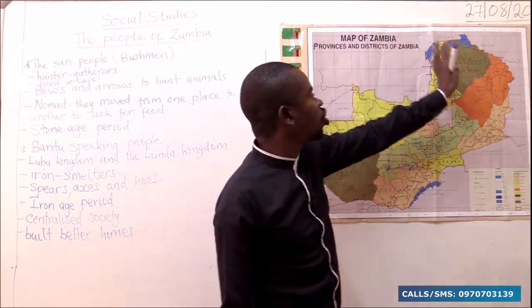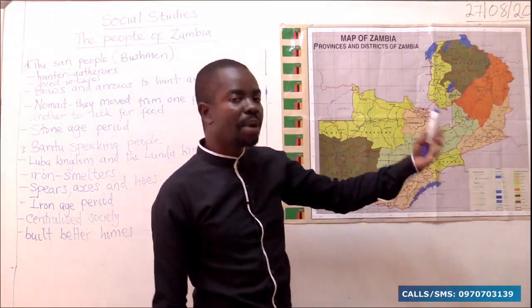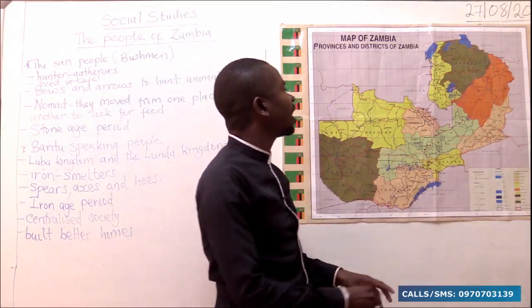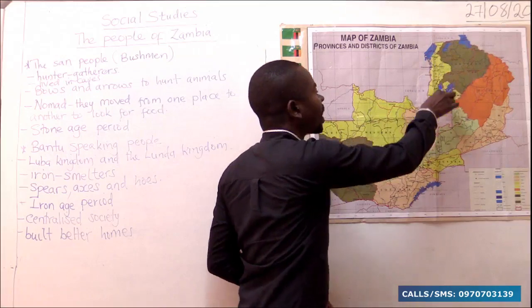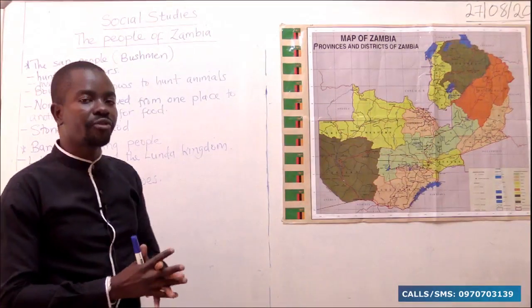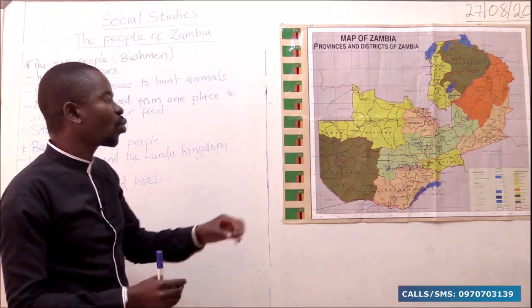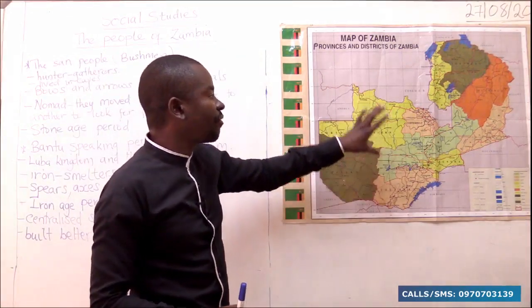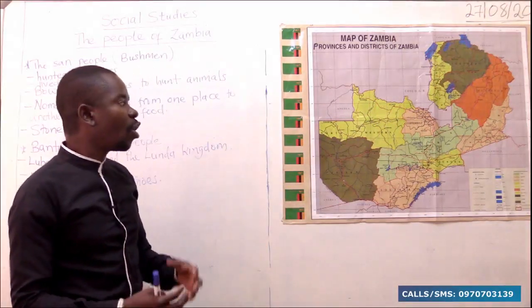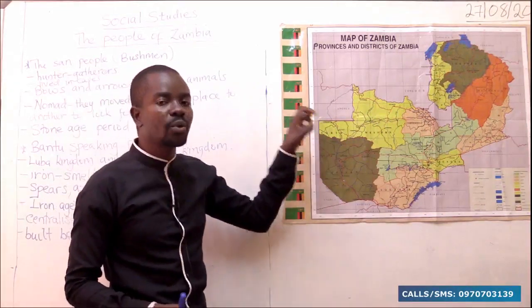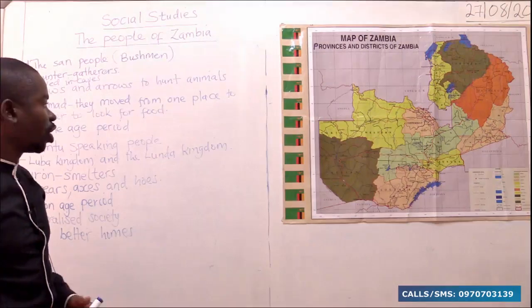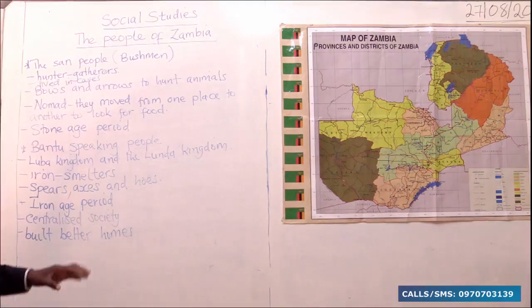We had the Bemba-speaking people who settled in Northern province, and the Lundas who settled in Luapula. So boys and girls, you can identify other tribes in our nation, Zambia, today. All these came from the Luba-Lunda kingdoms.